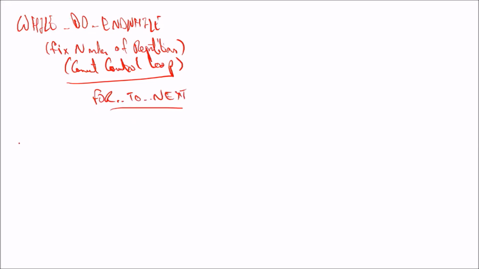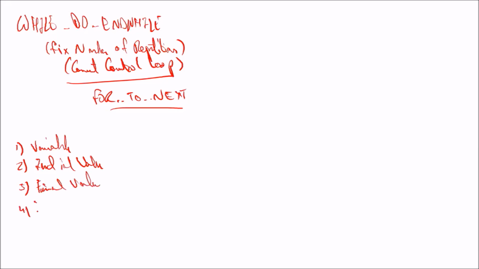Remember 4 things we required for every loop structure. One was variable, initial value, ending value or final value, and the fourth one was increment, or you can say decrement. These 4 things are required for all. We have done this with for to next. We have done this with repeat until.